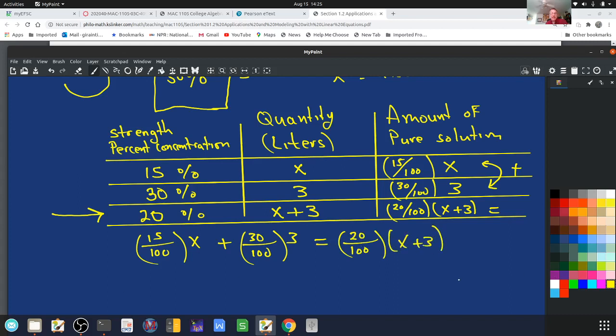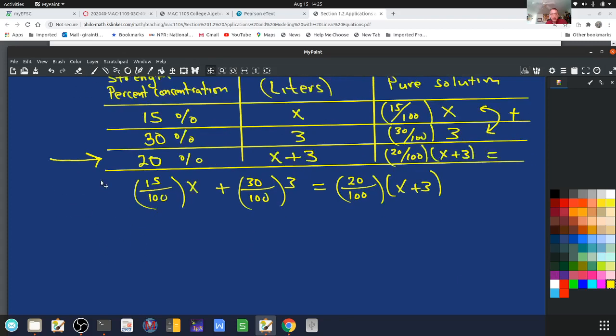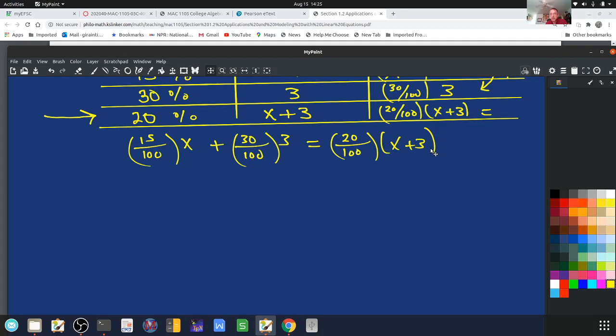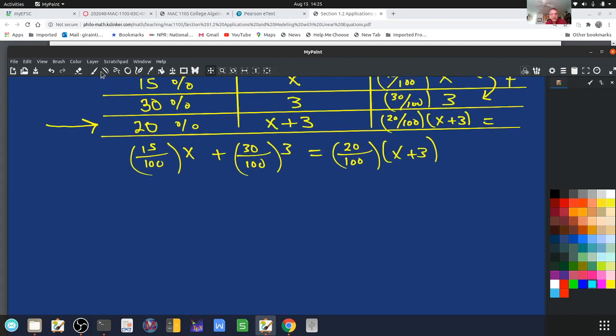That looks nasty, doesn't it? But it's not, because what we're going to do to solve our equation for x is just clear the denominators. And the denominators are all the same. So I'm literally going to multiply both sides by 100, the entirety of the left-hand side and the entirety of the right-hand side.